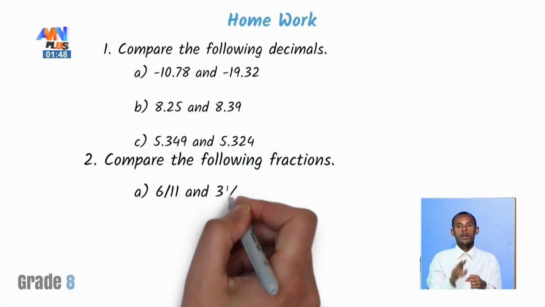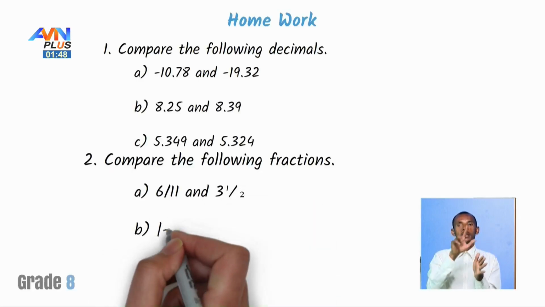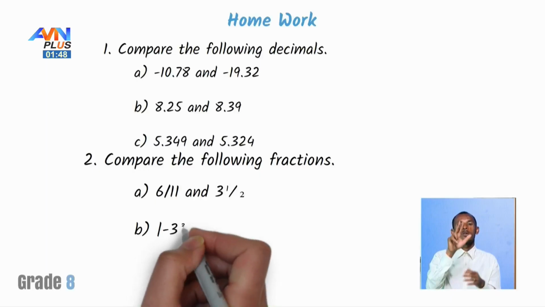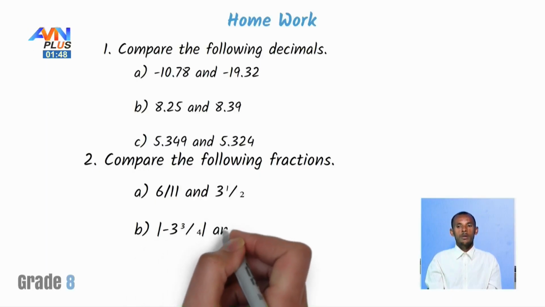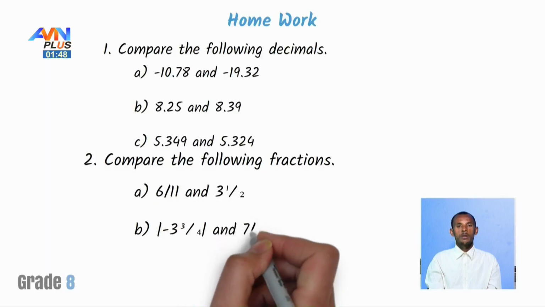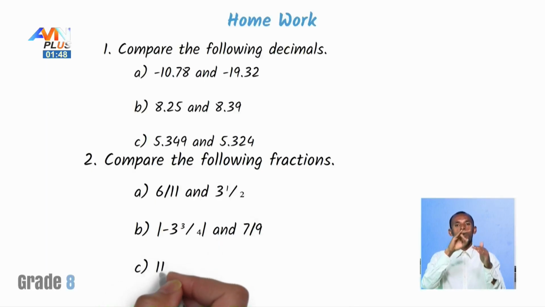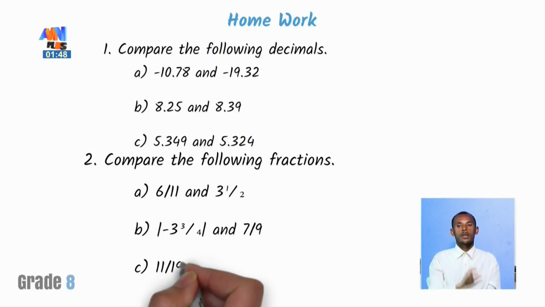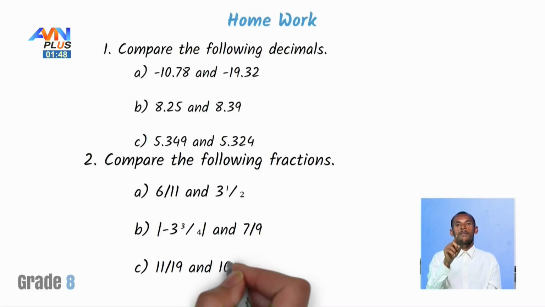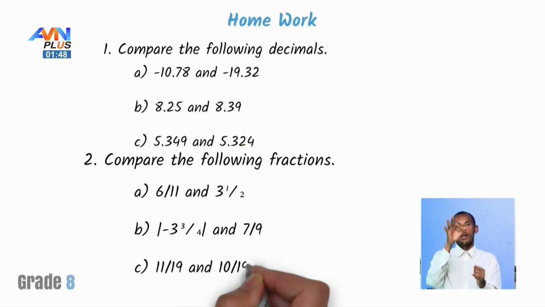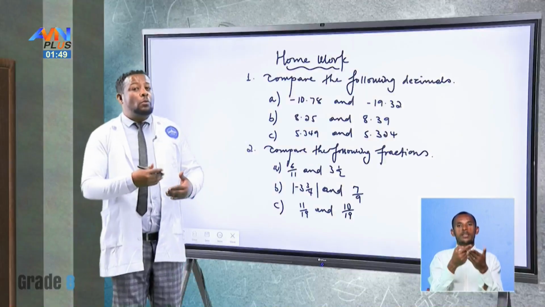In the B part, the absolute value of minus 3 and 3 over 4 and 7 over 9. The C part, 11 over 19 and 10 over 19. These are your homework for today.